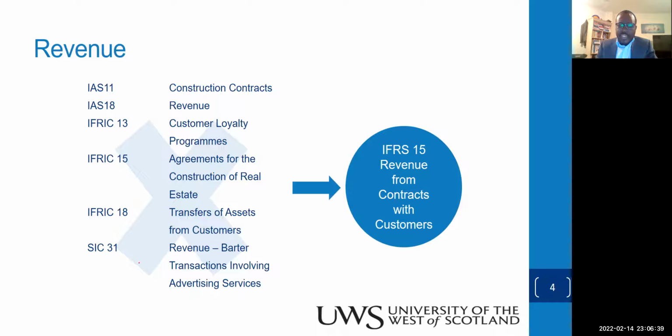And then SIC 31, which deals with barter transactions, including advertising services. But these all have been knocked off and superseded by IFRS 15, revenue from contracts with customers. So currently, this is where we are more interested in.